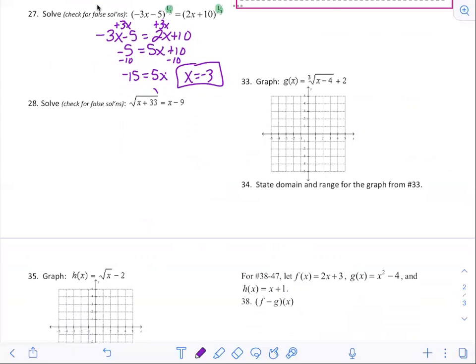Solve again. We're going to square just like we did previously. Foil that out. We're going to get x squared minus 18x plus 81. Get everything over to one side. We're going to subtract x, and we're going to subtract 3.